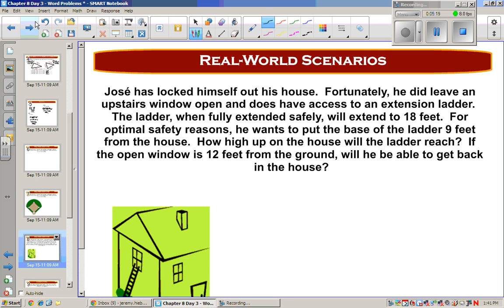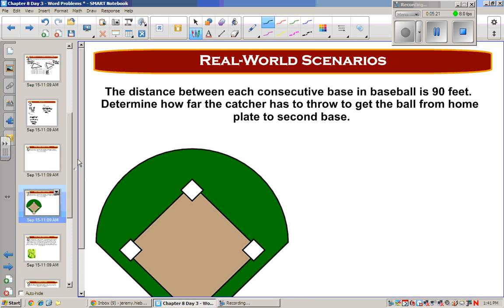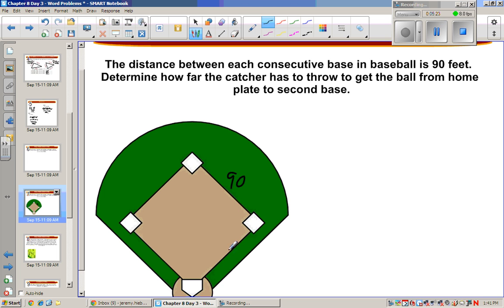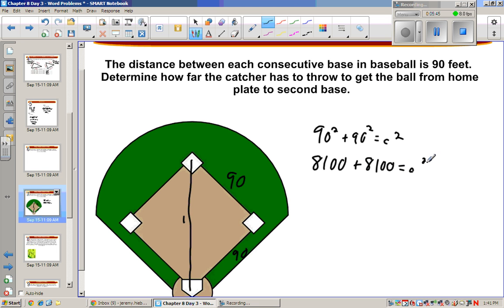Here's your baseball diamond. Each side here is 90, and they meet at a right angle, and that base looks like it has a nice perpendicular mark in there. To find this distance, we take 90 squared plus 90 squared equals c squared. 90 squared is 8,100, and when you combine these together, it's 16,200.